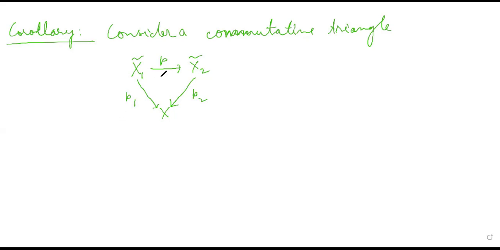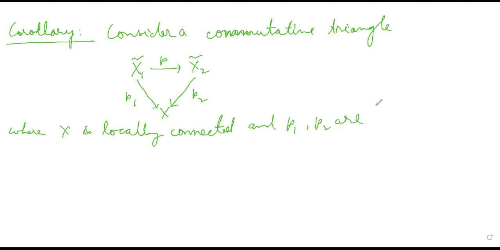So suppose that we have a commutative triangle like this, where X is locally connected and P1, P2 are covering projections.